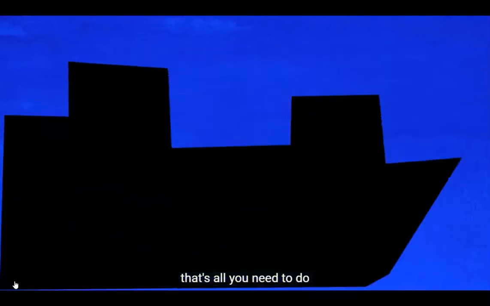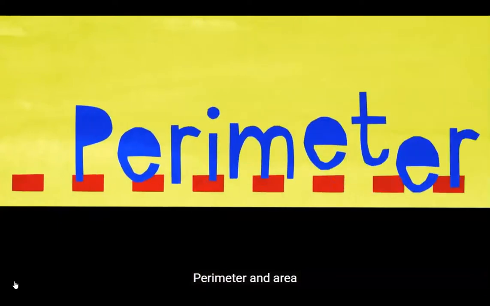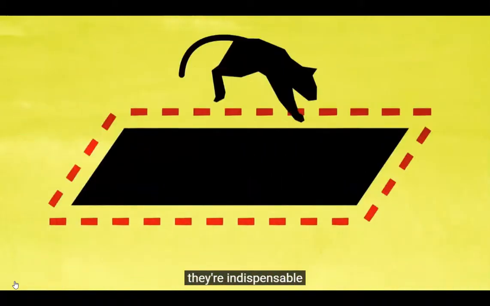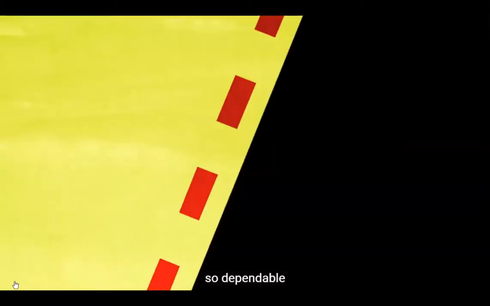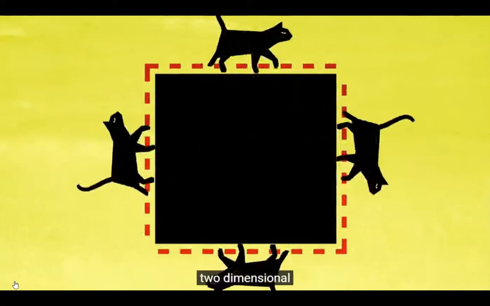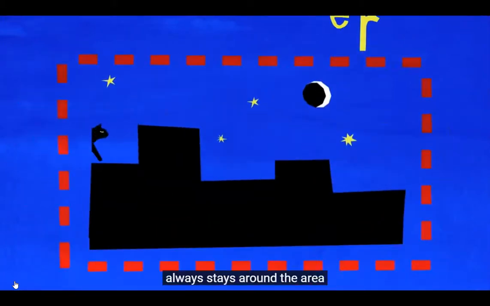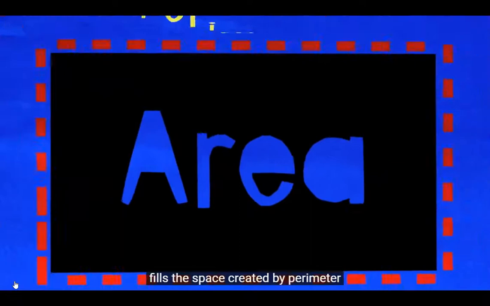That's all you need to do. Always stays around the area in my friend area fills the space created by perimeter.